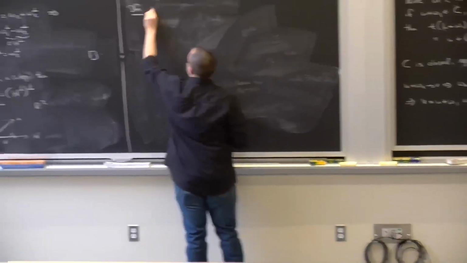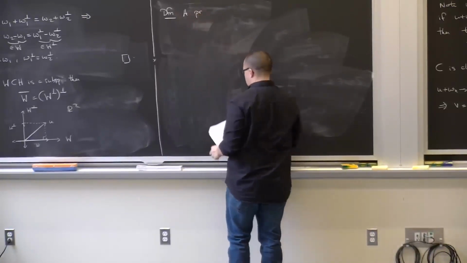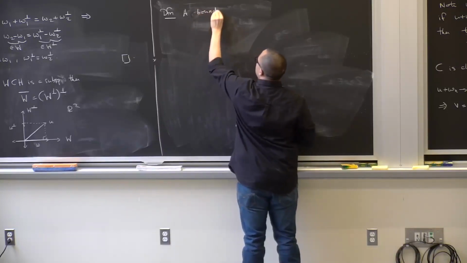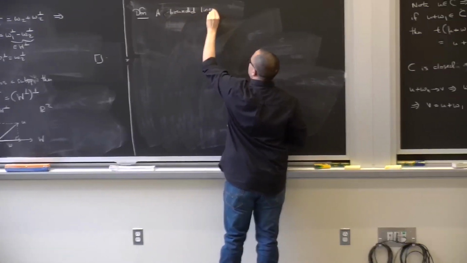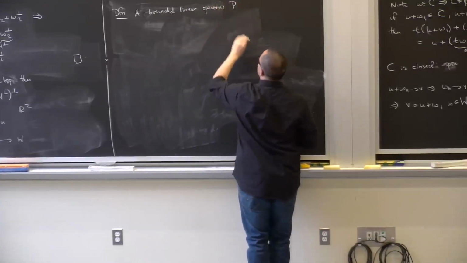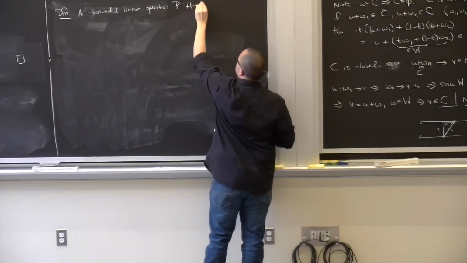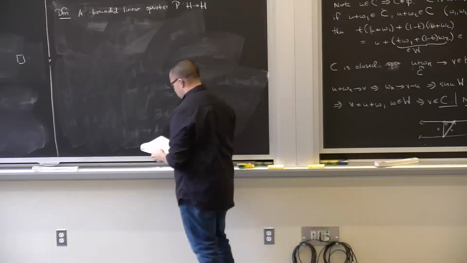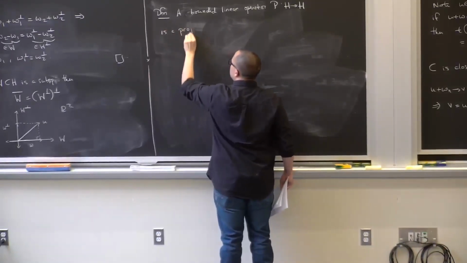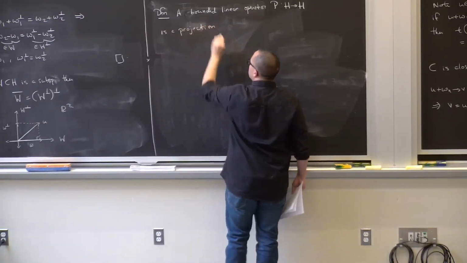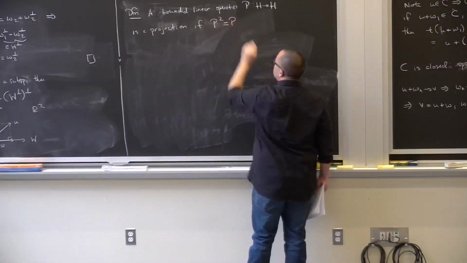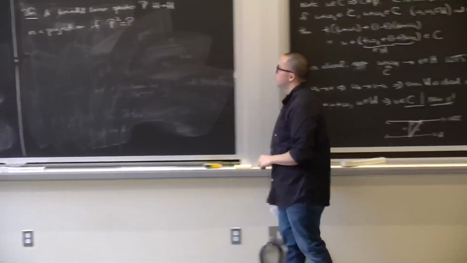So a bounded linear operator P going from H to H is a projection if P squared equals P. Okay?